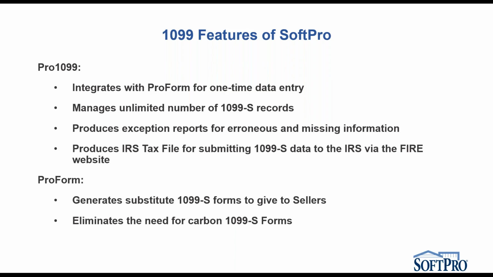With the Pro 1099 module, it's the one place where we can go and integrate with our Pro Form for one-time data entry. So everything will flow from Pro Form into 1099. We can manage unlimited numbers of 1099-S records. And with as busy as everybody's been during COVID, it's a good thing. We're able to produce exception reports so that we can get a head start on any errors or missing information.